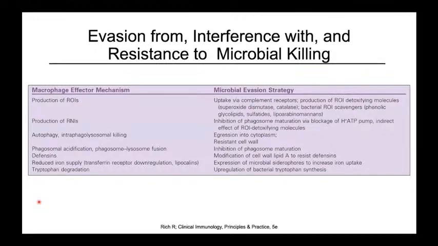When they take up pathogens or antigens through phagocytosis, several mechanisms come into play that lead to acidification of that phagosome, fusion of that phagosome with the lysosome, and then you get killing of what has been taken up. So what these pathogens do sometimes is they're not taken up through phagocytosis into the cell. They use another cellular receptor to gain entry into the cell. So that doesn't activate the cell, okay?